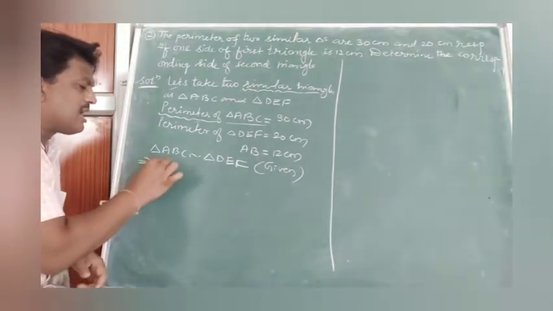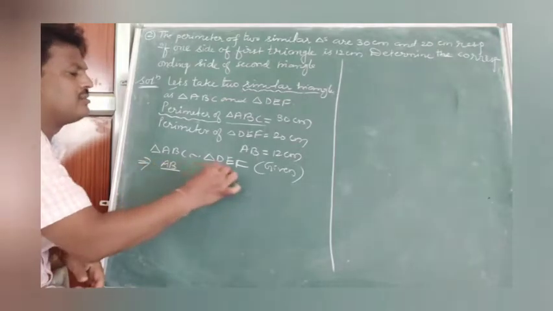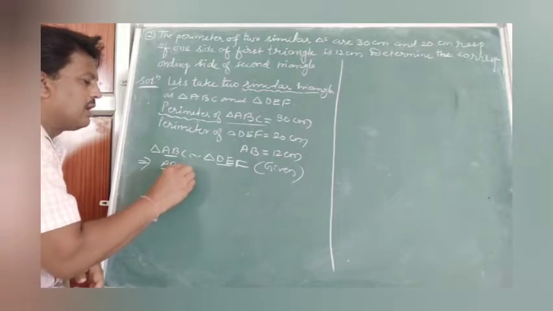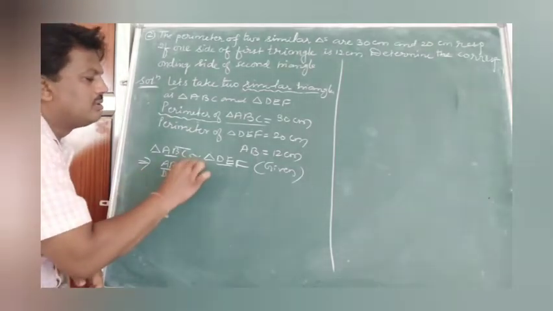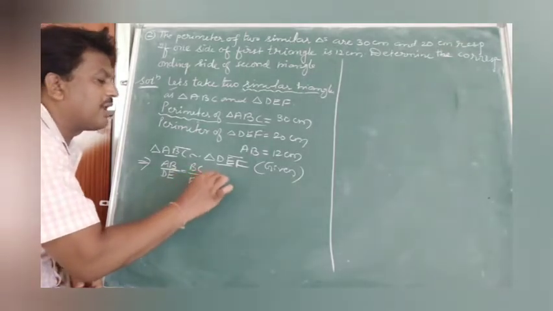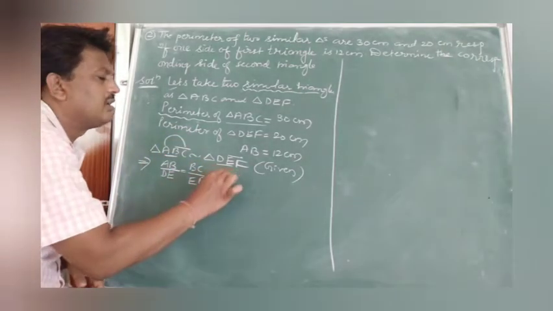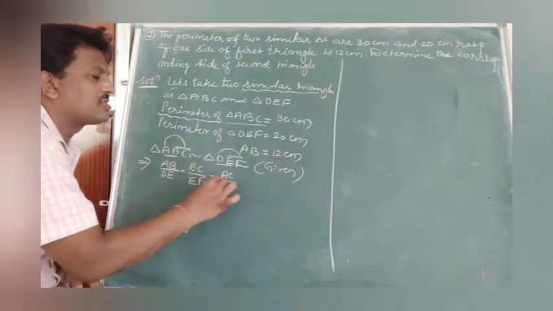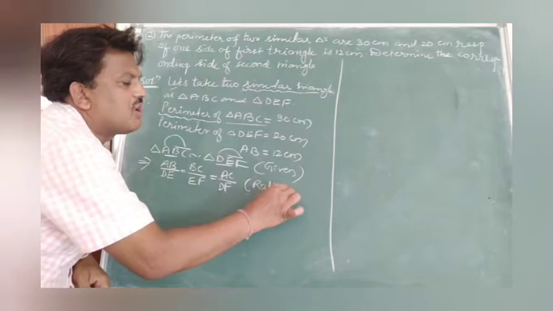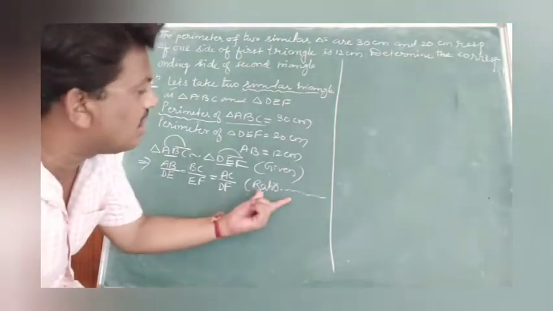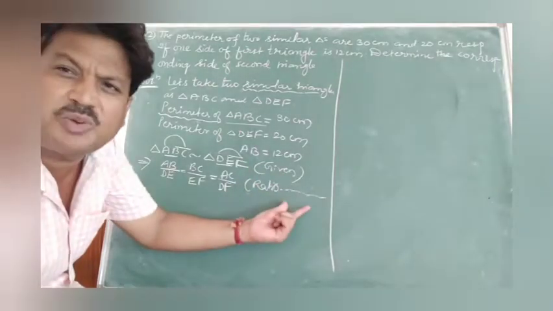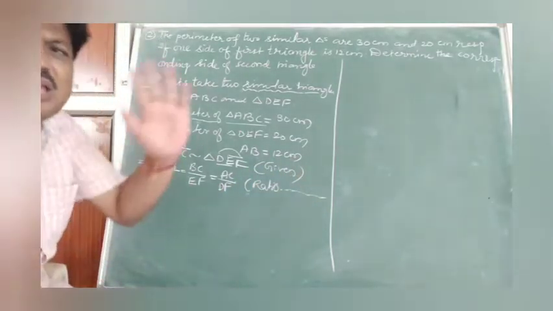Ratio of corresponding sides, that is AB upon DE, first two I am taking here. Now I am going to take the second two, BC upon EF, this is very important. Here first and third, AC upon DF. This step is very important. This is called ratio of corresponding sides of similar triangles are equal. You should write here: ratio of corresponding sides of similar triangles are equal.